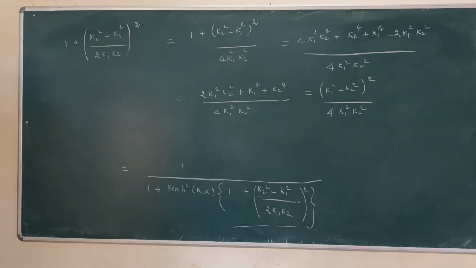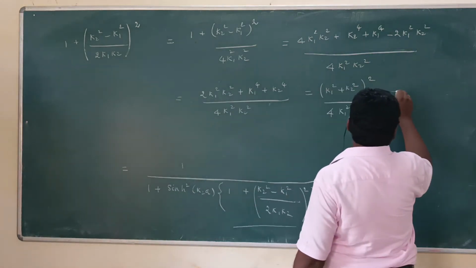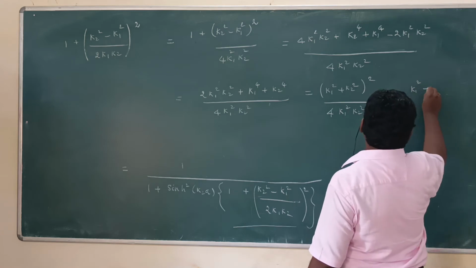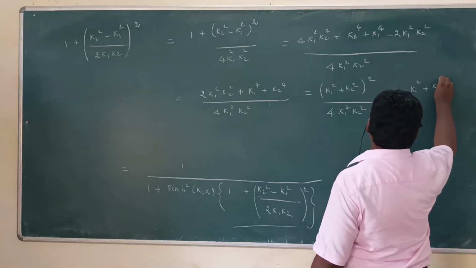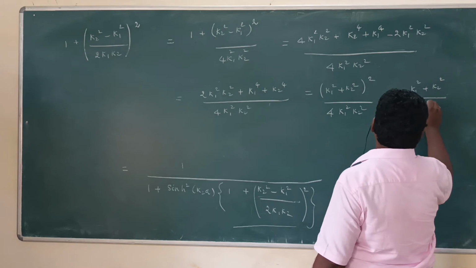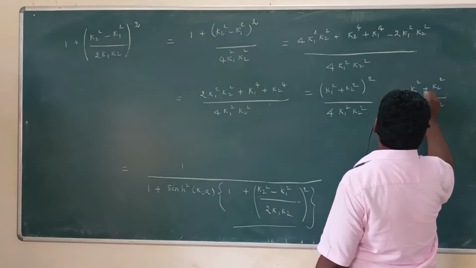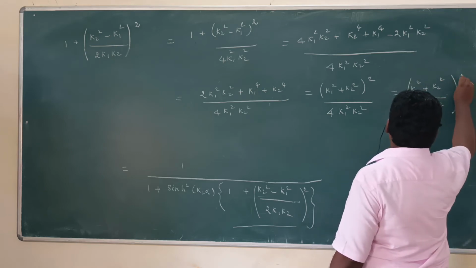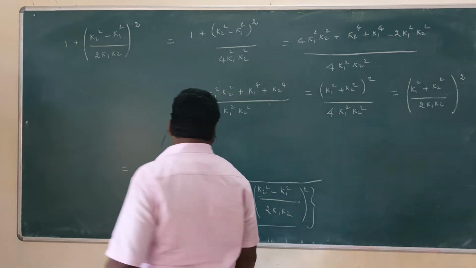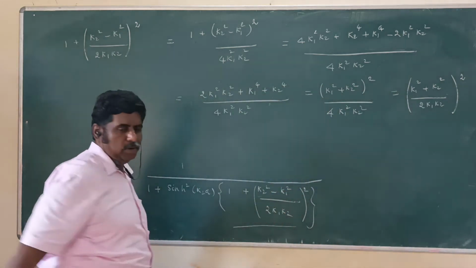This is further modified as (k1 square plus k2 square) divided by 2 k1 k2 whole square. So instead of this term we have to substitute and write.